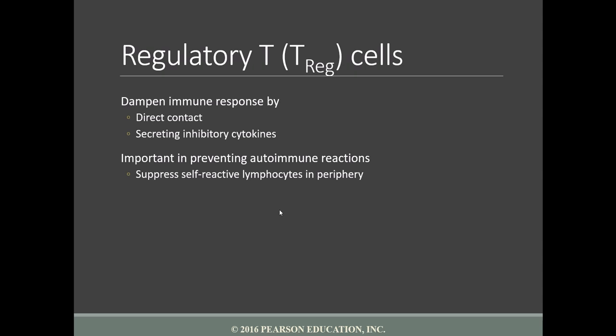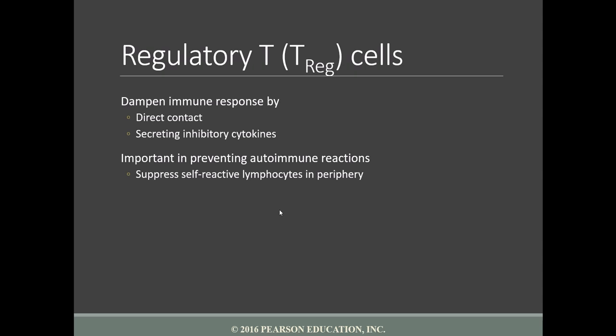We do not want our body's own immune cells attacking other parts of the body. Rheumatoid arthritis is an autoimmune disease where there are immune cells that attack the joints. Multiple sclerosis is an autoimmune disease where the body's immune cells attack the myelin that we find around our neurons.